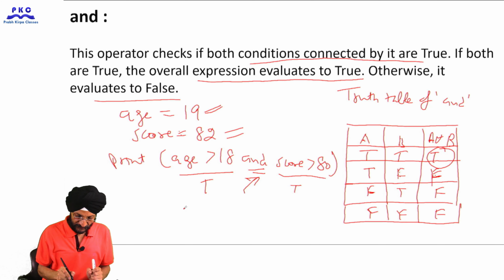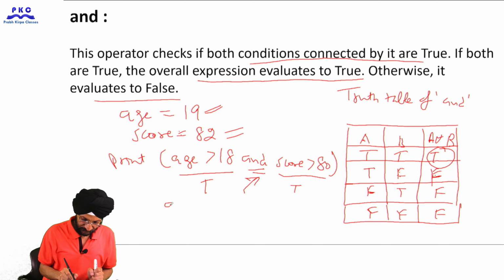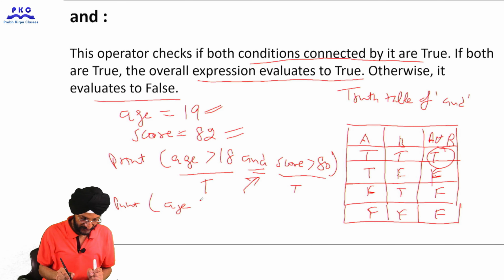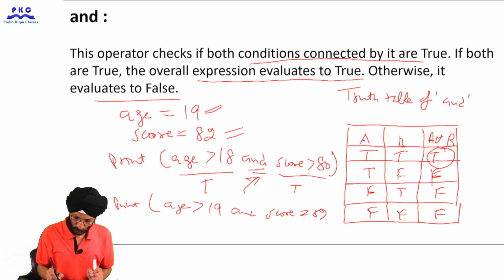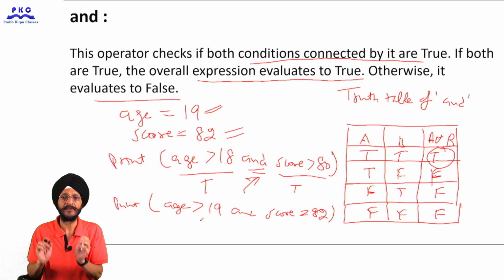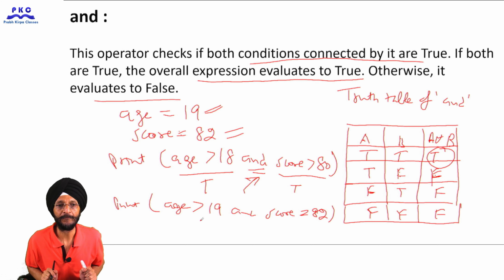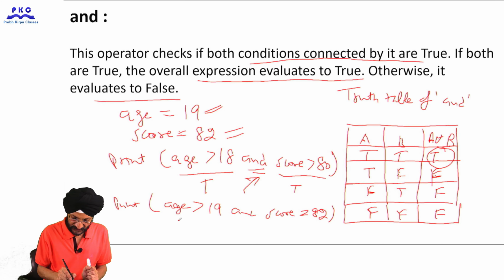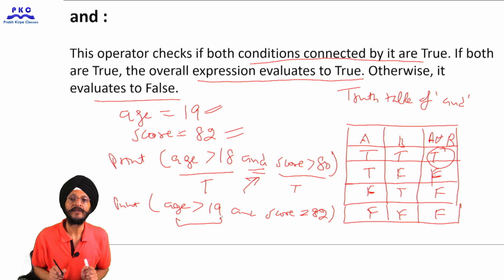Suppose the print function is used and age is written as more than 19 and score is more than 80. If this is the expression given, what will be the output? What is the first expression? Age is more than 19.